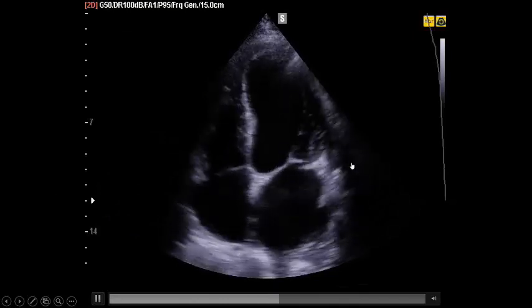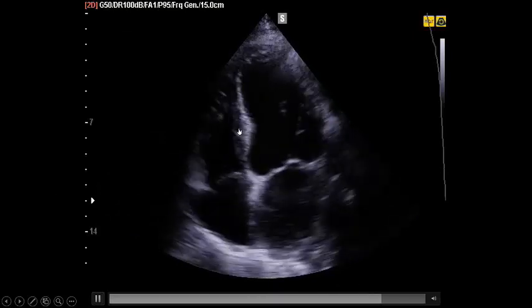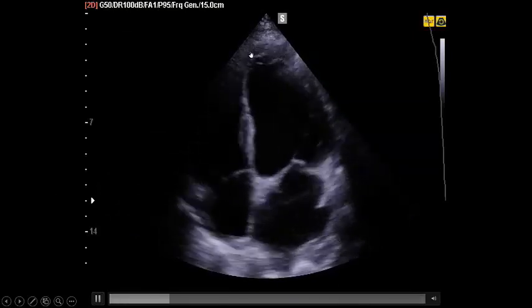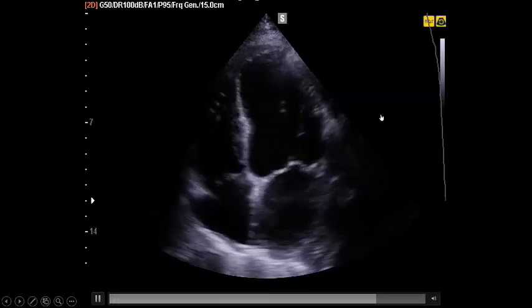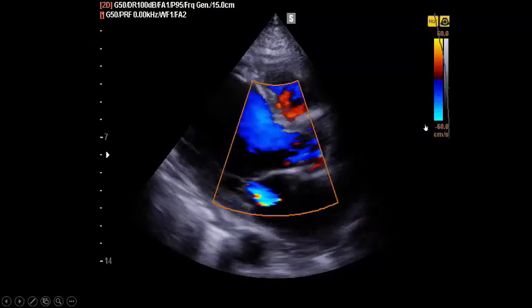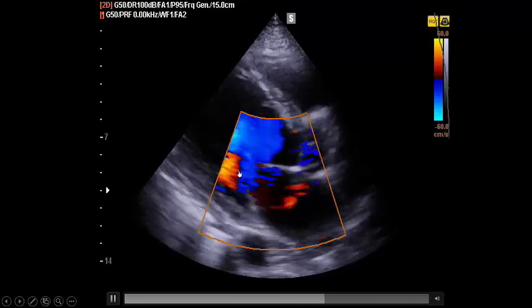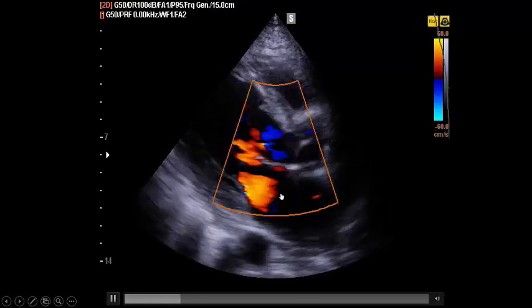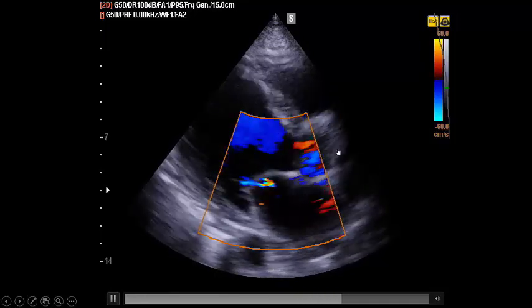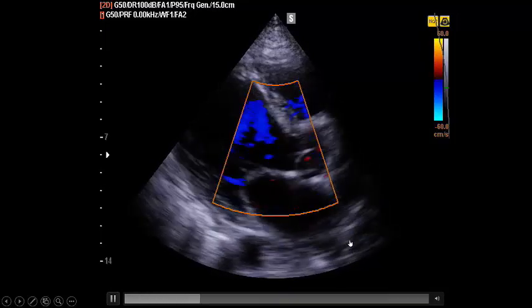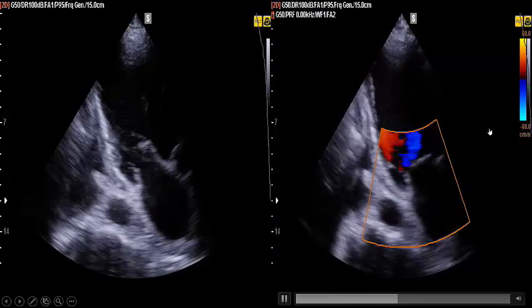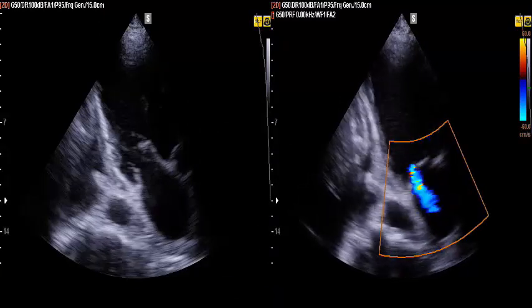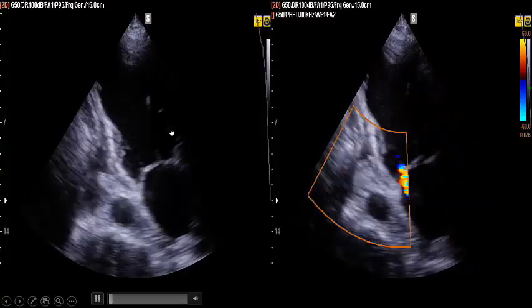In the four-chamber view, the apex is not moving at all, akinetic apex, with hypokinesia of the basal and lateral part. With color, there is mitral regurgitation, moderate, and the aorta and aortic valve are clear. To know the cause of this mitral regurgitation, this is the two-chamber view.